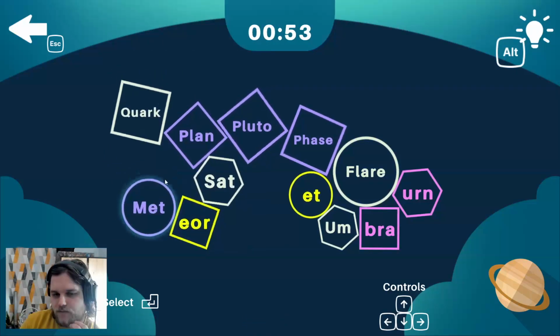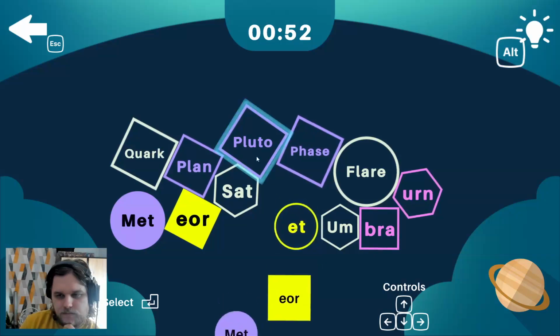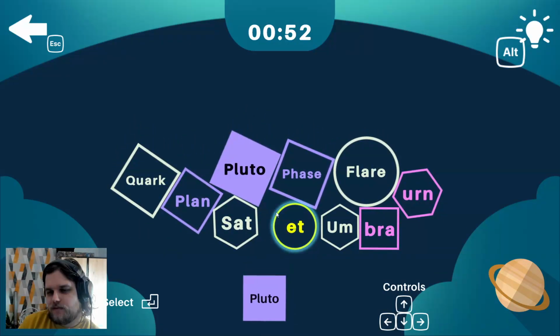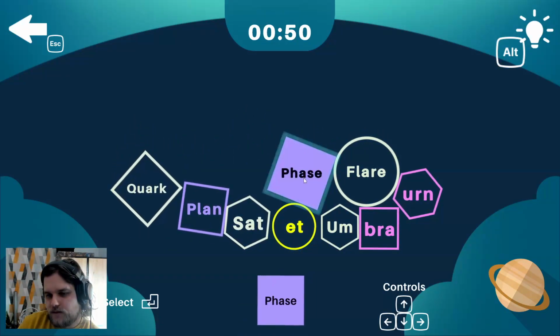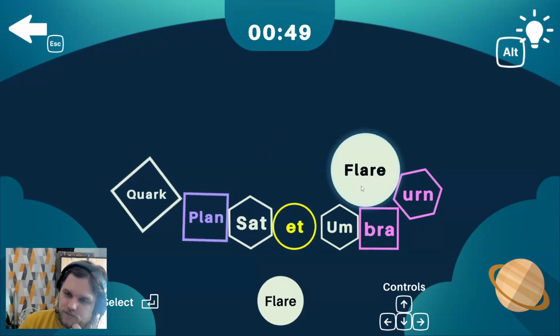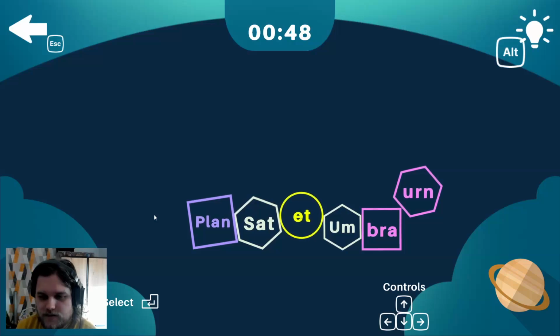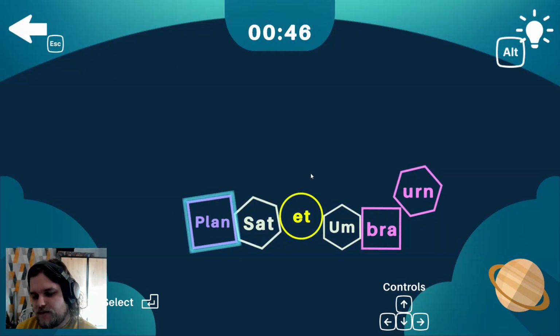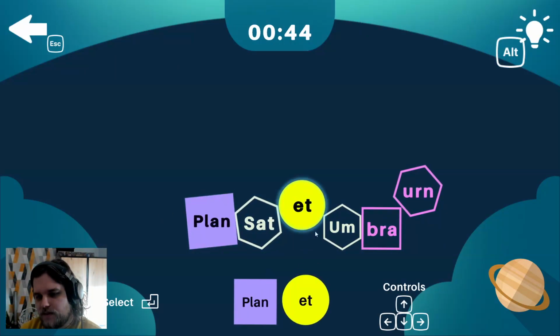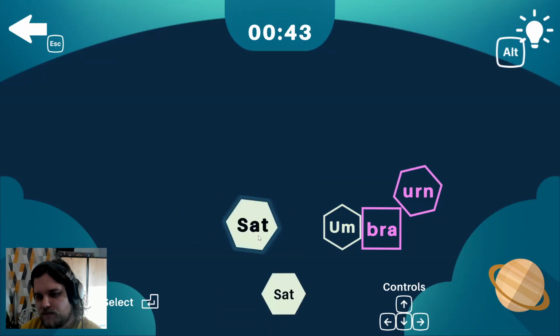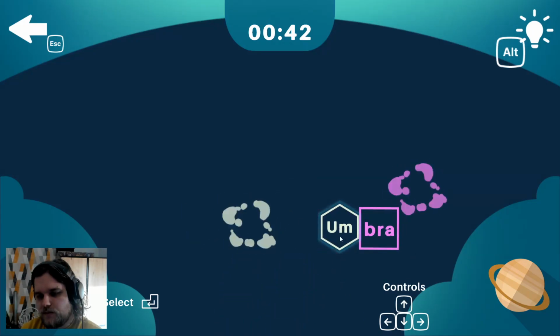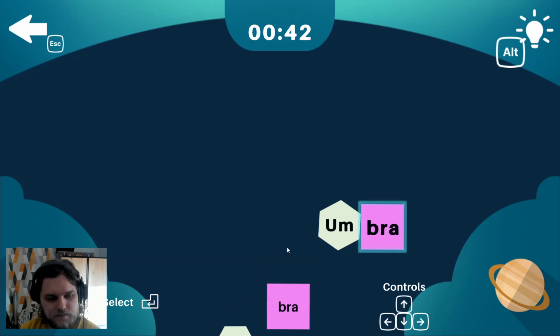Galaxy, Meteor, Pluto. Fortunately, I have here ones. Quark, like an interesting type of matter. Planet. Saturn.